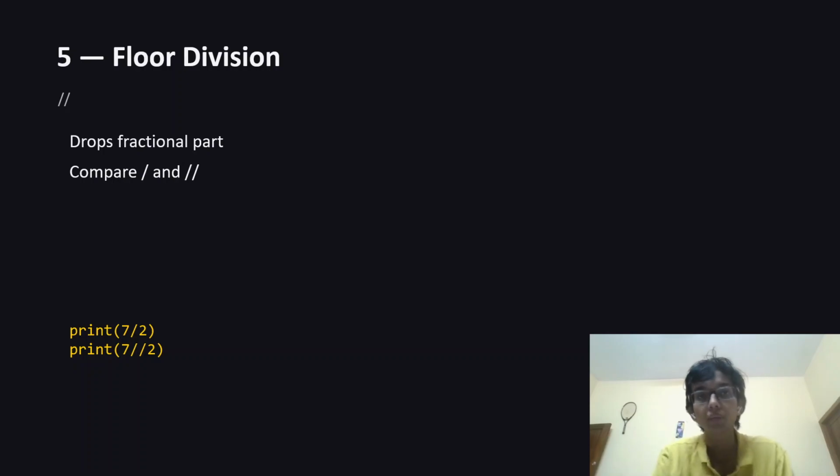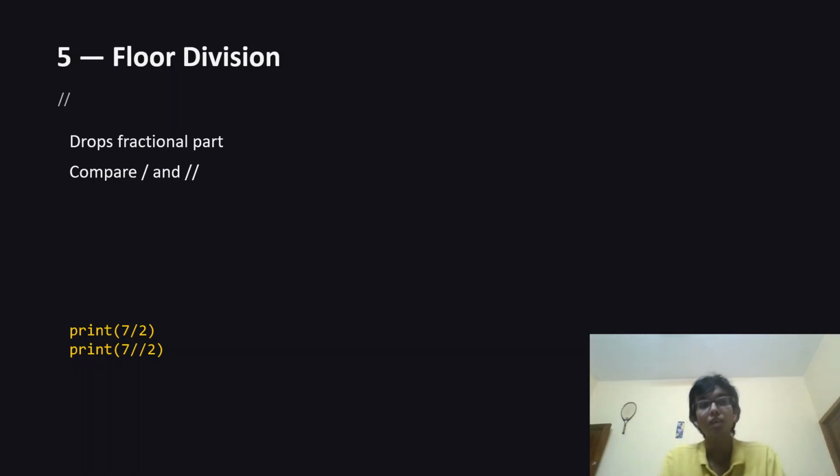So floor division will give you an integer result, not a float result. Floor division drops the numbers after the point, including the point. So whatever the whole number is, that is going to be your result.